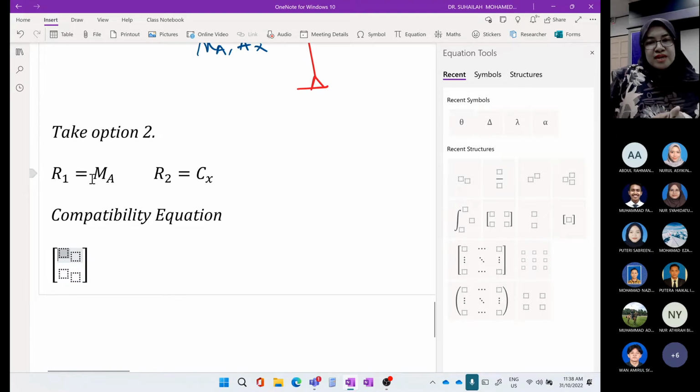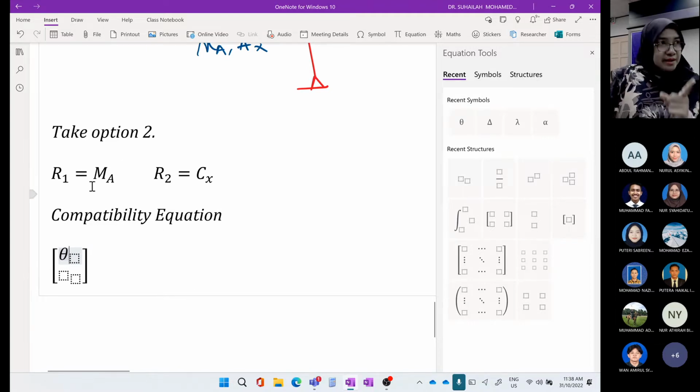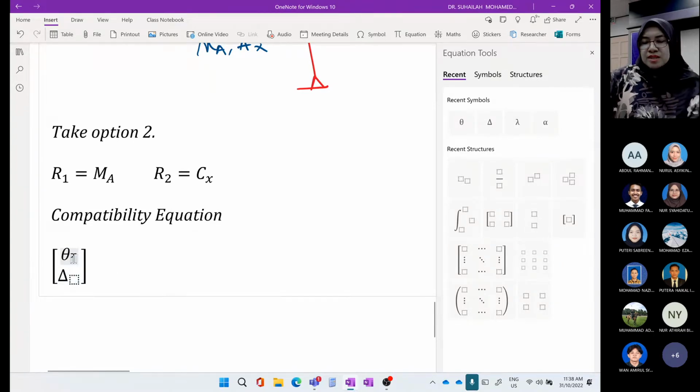Moment is the first redundant. So it must be theta lah kat sini. But moment is the first redundant. Second redundant is CX. So second redundant is delta. Okay. So first redundant means 10. Second redundant means 20.